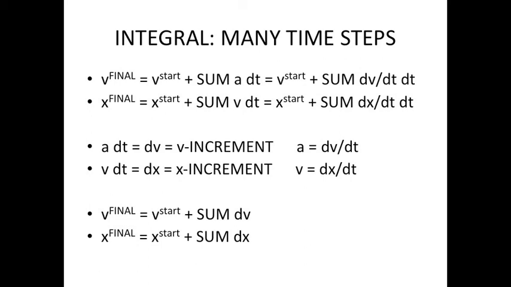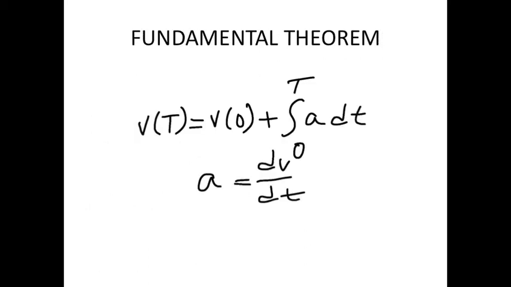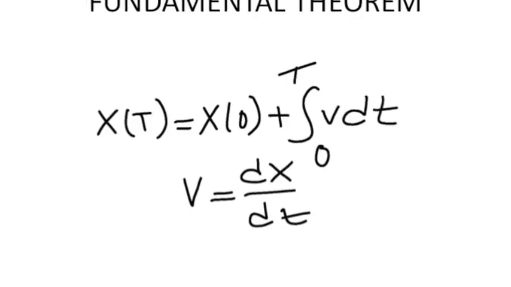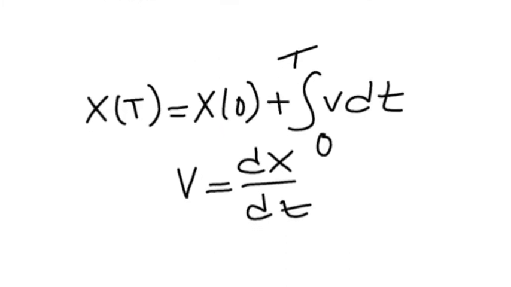The final velocity v final is equal to the initial velocity v initial plus the sum of all velocity increments dv of the form acceleration a times dt. Similarly, the final position is equal to the initial position plus the sum of all position increments dx of the form velocity v times dt, as follows, with the S-like integral sign as a form of summation sign.